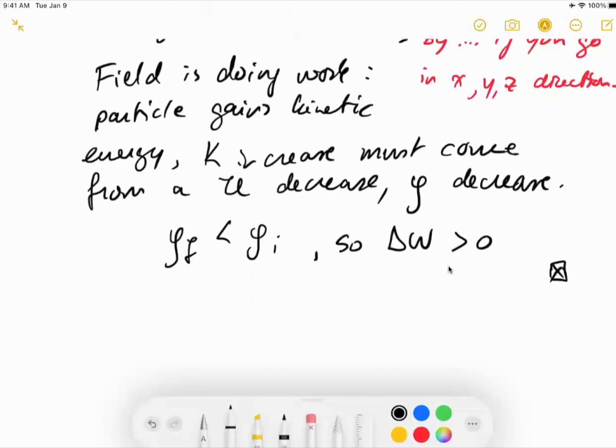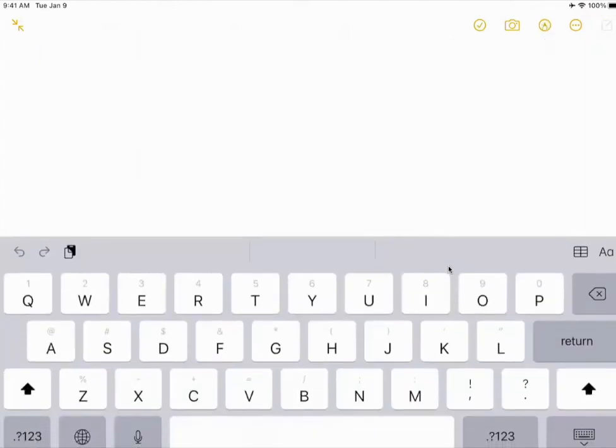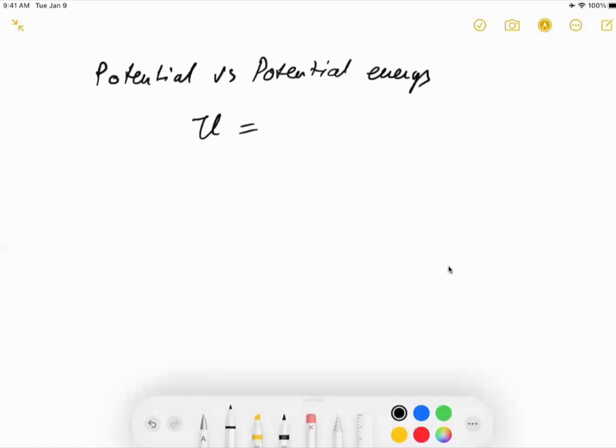All right. And of course, we know that potential versus potential energy, so we have U is Q times phi.